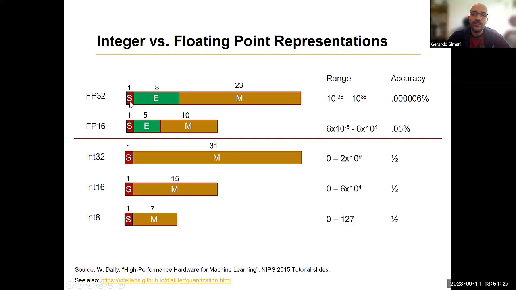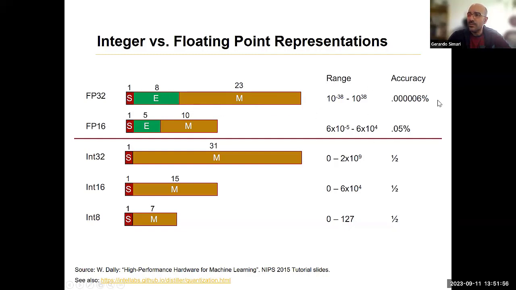Usually 1 bit is dedicated to the sign of the number, so if it's positive or negative, 8 bits for the exponent, and 23 bits for what's called the mantissa. Essentially, it's the mantissa raised to the power of the exponent, with the corresponding sign. And floating point 16 is 5 and 10 instead of 8 and 23.